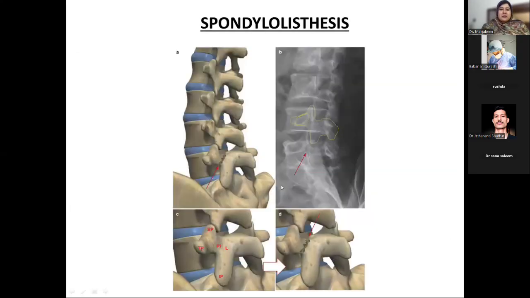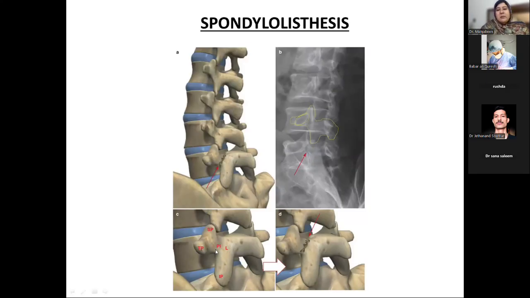So the last thing which we can see on X-ray or CT scan is spondylolisthesis. Now, what is spondylolisthesis? Not just in the cervical spine, in our entire spine, there is a part which is known as the pars interarticularis. Previously we learned about this part in the hangman fracture.